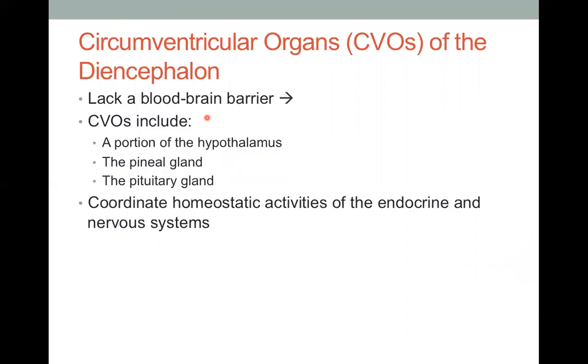These circumventricular organs include portions of the hypothalamus, your pineal gland, and the pituitary gland. There are a few other nearby structures as well, but those are the main ones. And so these CVOs function to coordinate our homeostatic activities of the endocrine and the nervous system working together.